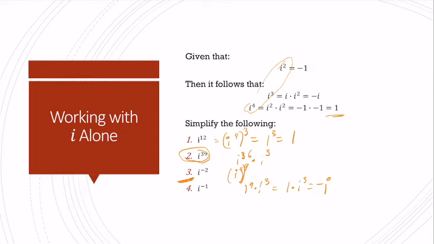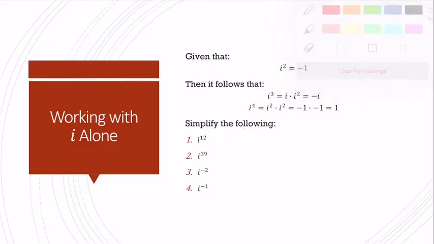i to the negative 2 and i to the negative 1. Friendly reminder that those are just going to be fractions, right? We put those in the denominator. So if I have, let me go ahead and clear us some space, change colors. i to the negative 2, that's 1 over i squared.